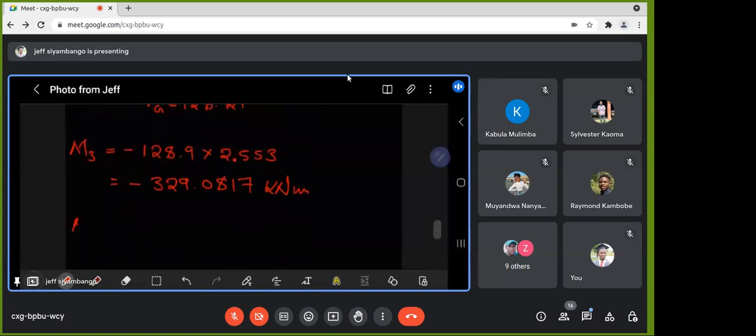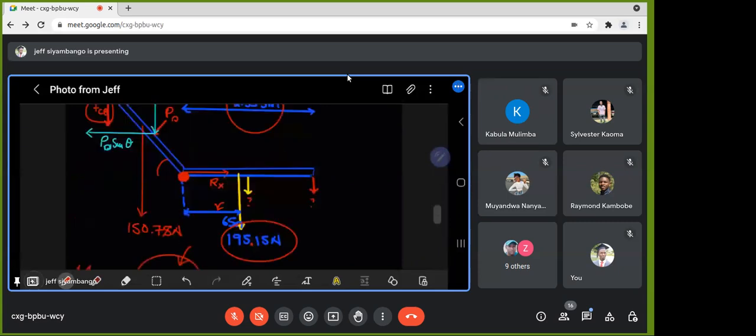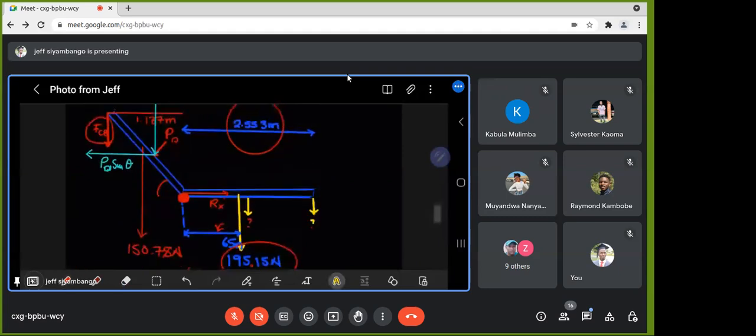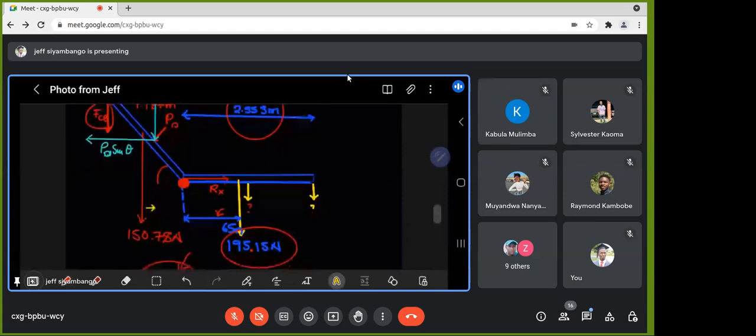Next, moment 4. We go back to our diagram. Everything in yellow has been sorted out. So the next one that we can go to is the weight here. Again, for the weight, we see that the mass is in newtons. We need it in kilonewtons.